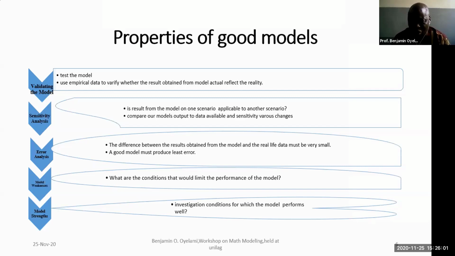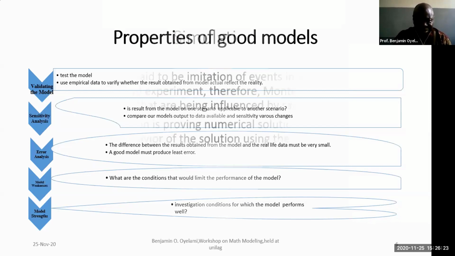So we must do some analysis, and that is where all those mathematical methods come into being, to make sure that you are able to evaluate the performance of the model. Next, you must know the strength of the model, investigate conditions for which the model performs very well, and know under what condition the model does not perform well.